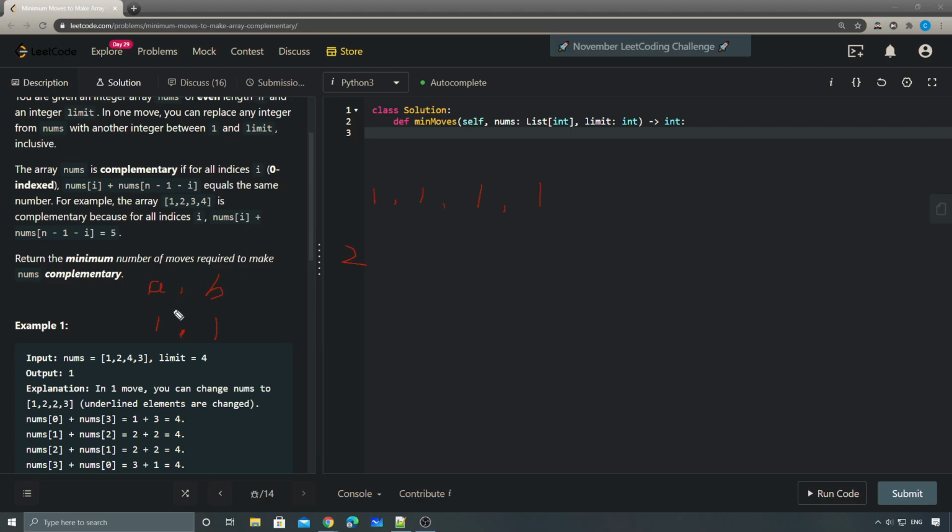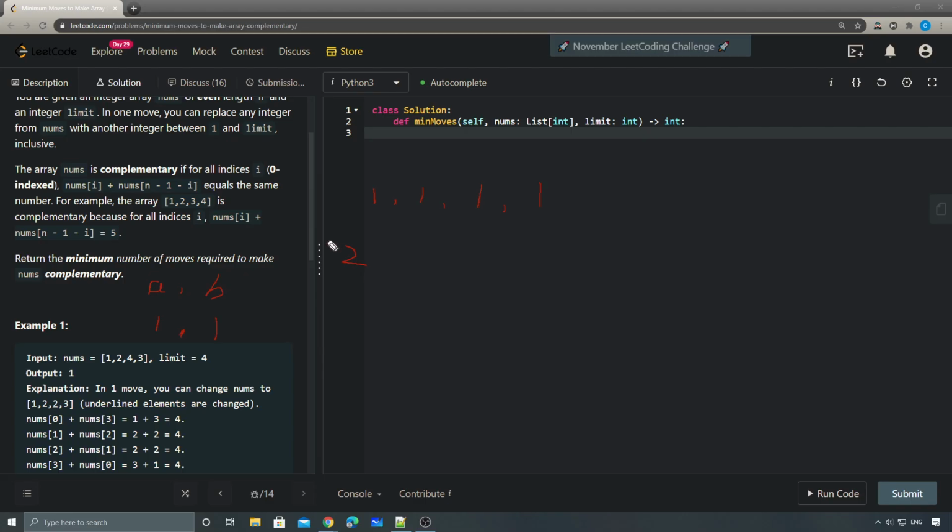So it means that we need at most two moves per pair to make them a complementary array. That's going to be the worst case scenario.